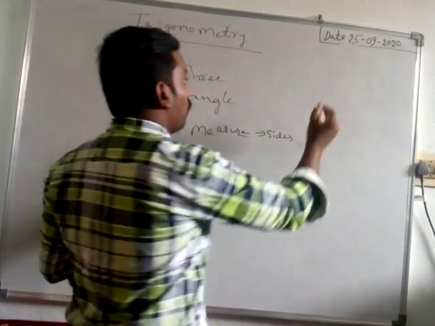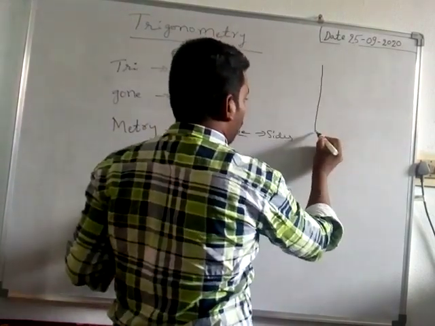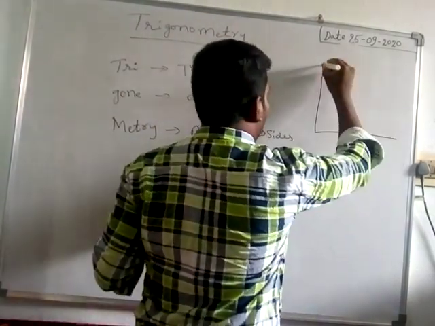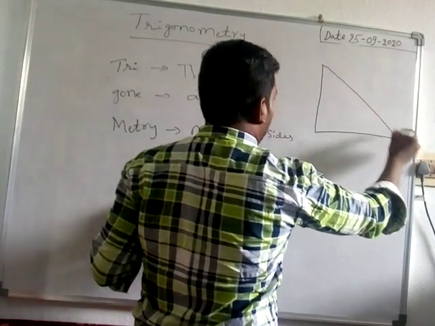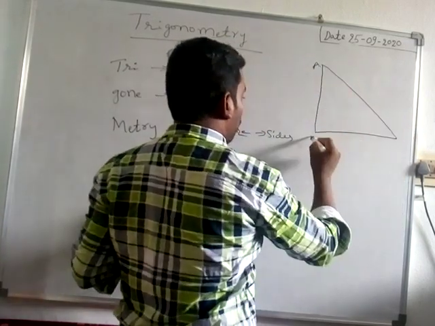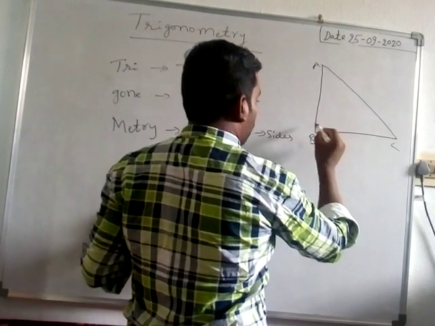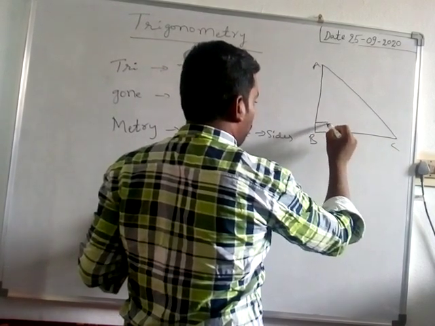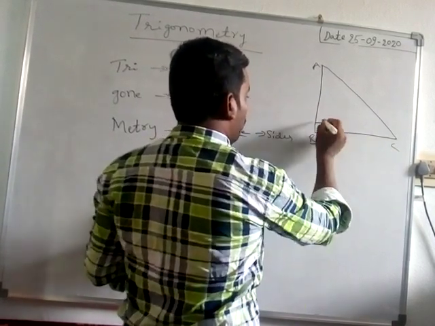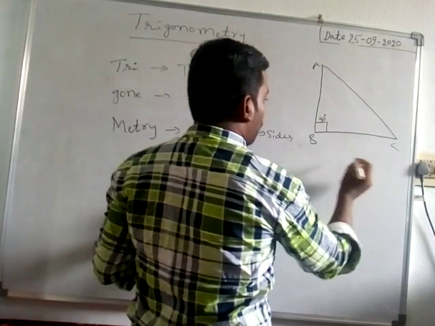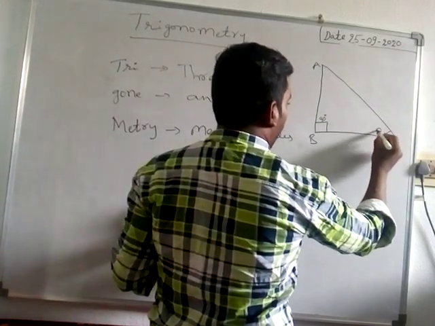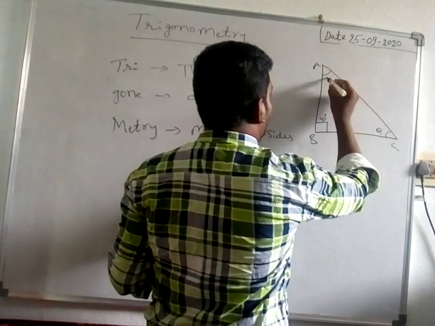But first we have to know what a right angle triangle is. In a right angle triangle, one angle should be 90 degrees. Let us name this right angle triangle ABC, with angle 90 degrees at B. Take this one angle as theta 1 and this angle as theta 2.